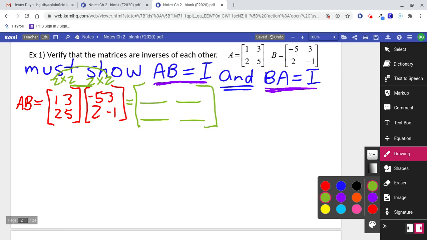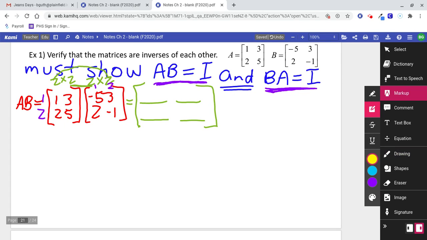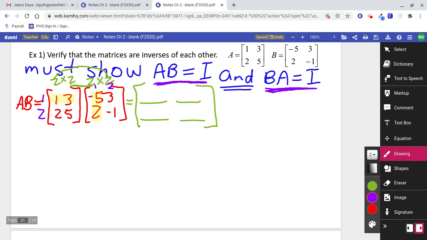After that, you want to multiply rows by columns. So you might do something like these 2 rows times these 2 columns and multiply the first row times the first column. First row, first column, going to look like that.